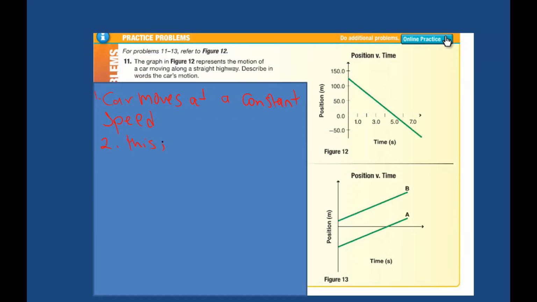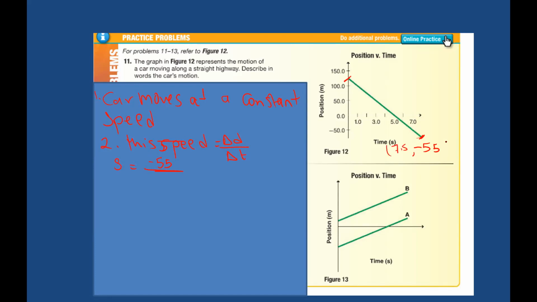That's number one. Number two, I can calculate the speed. This speed is equal to the gradient, the slope. So I'm going to take my initial position, my final position, and the difference in the time. So I need my delta D over delta T. Now my speed is equal to my final position, which would be -55 over here, at 7.5.